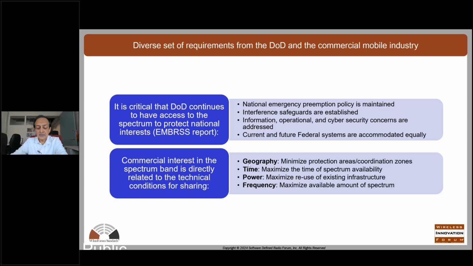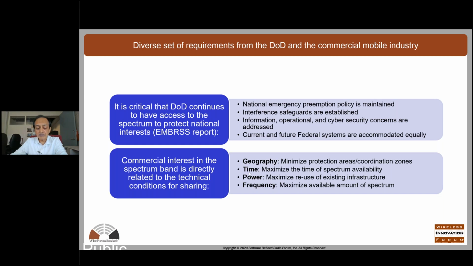By that I mean, let's say, the geography. We want to minimize the protection areas or the coordination zones. That means maximize the area in which the commercial systems can operate. So geography is one of the levers.